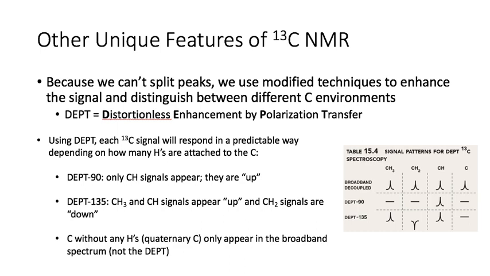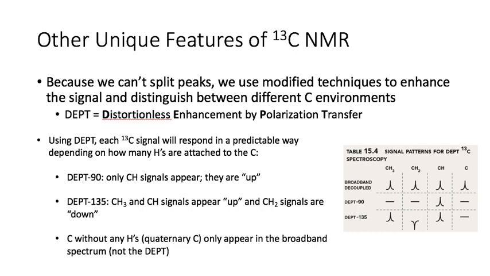Depending on what you see, you can figure out, okay, I know this is a C signal from a CH2, or I know this is a C signal from just a C by itself, no H's. So the DEPT 90, how that works: when this modification is made to the RF frequency that's applied, the only signals that appear in this spectrum are CHs, and these appear in the up direction, above the line.